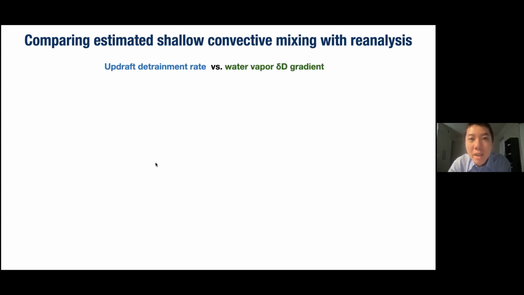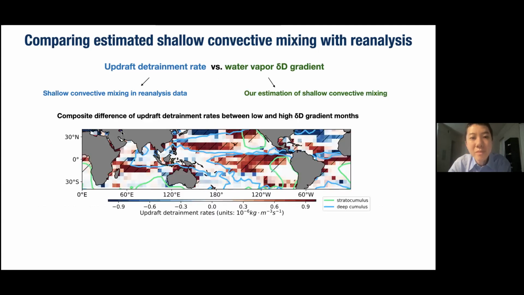And also we have a proxy of the updraft detrainment rate. So we think that if we have strong convective mixing, we'll have a larger detrainment in the middle of the atmosphere. So we estimate the detrainment rate from ERA5 reanalysis data and compare it with our estimation of shallow convective mixing. This is the correlation between the updraft detrainment rate and the delta D gradient.